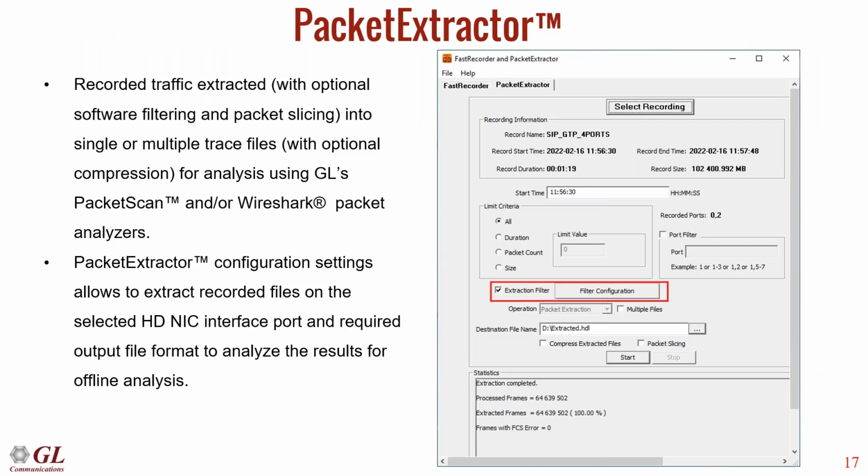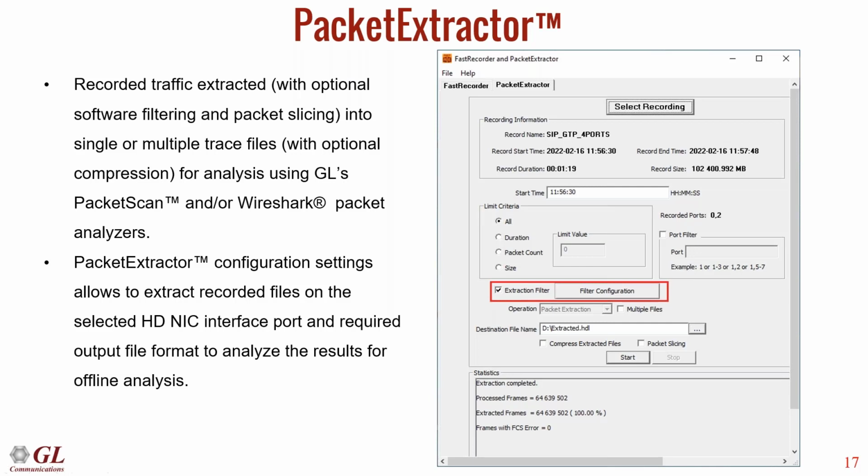Okay, so once you have everything recorded and you've stopped the capture, now we can use the PacketExtractor application to actually extract your recording. You can select the recording that you have done through the FastRecorder by clicking that select recording button. That's going to bring up a list of recordings available. You can select the recording.